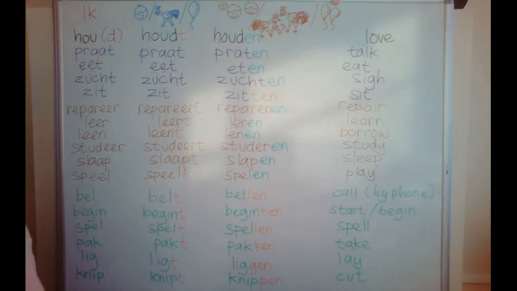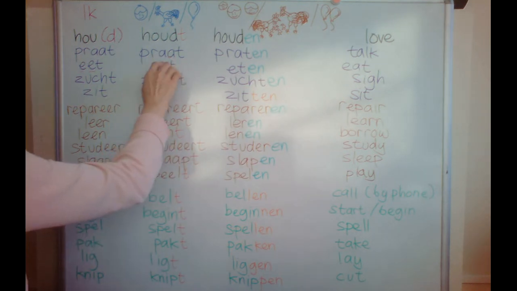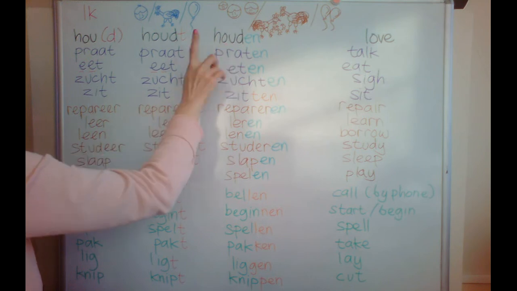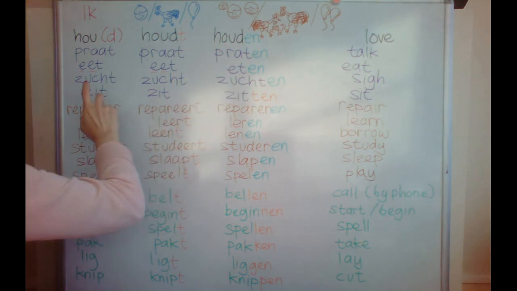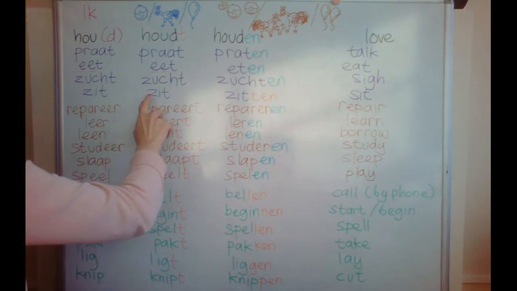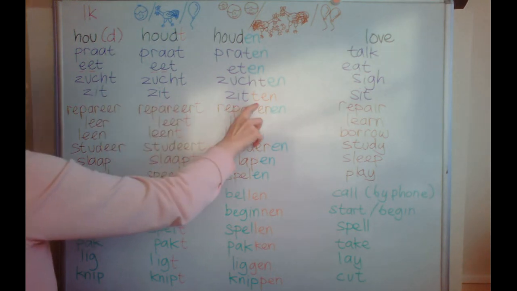But in some cases, one of the vowels disappears, only one. And there's another case in which the consonant becomes double.